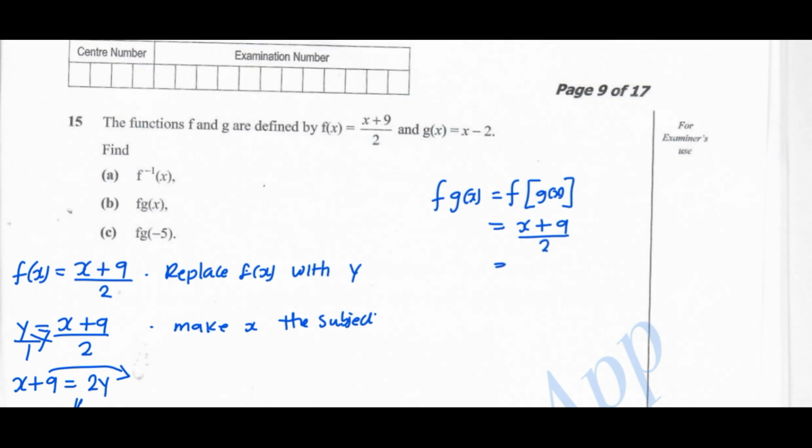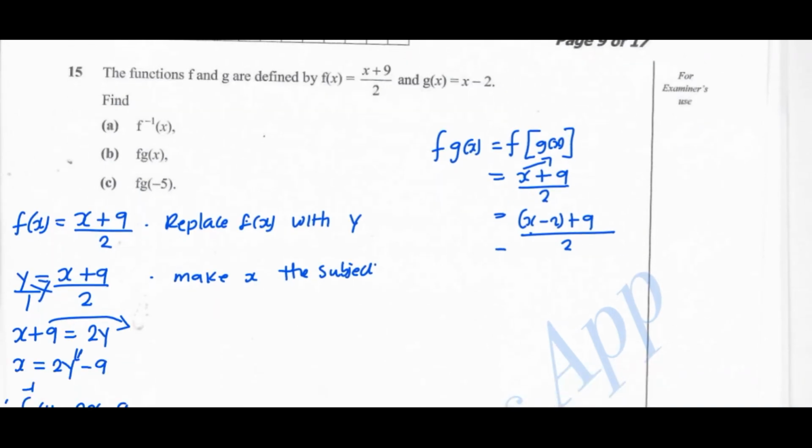Then where there is x, you put the other function, g of x. So this will be (x minus 2 plus 9) over 2. If you get rid of the brackets, this will be (x plus 7) over 2.